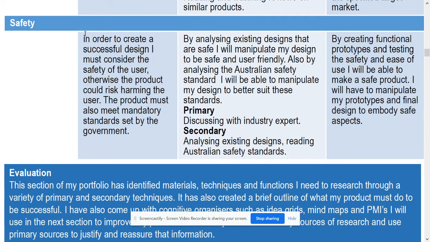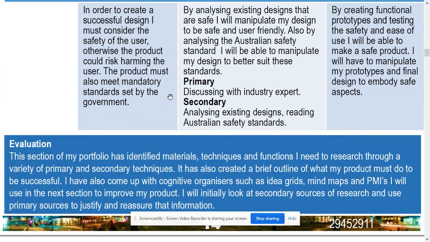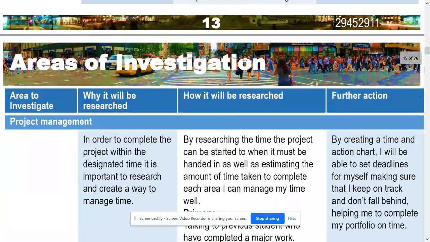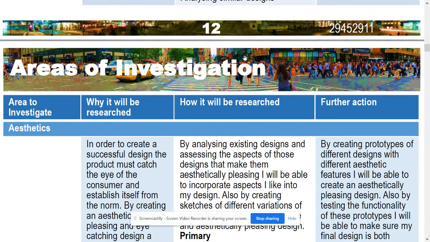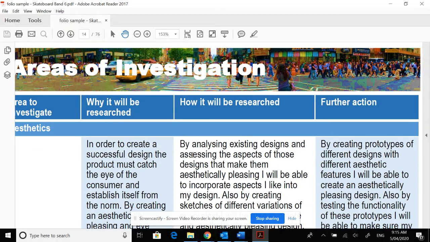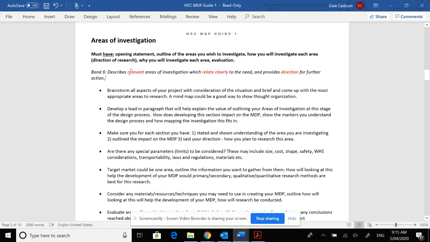Safety, it's a skateboard. There needs to be some safety in there. And he's thrown in an evaluation at the end. So in this case, he used about 4 pages to complete that, which is reasonable. But he gave himself direction all the way through. So if we just go back quickly and have a look at the key words, we're looking for relevant areas. Yes, check. They were relevant.